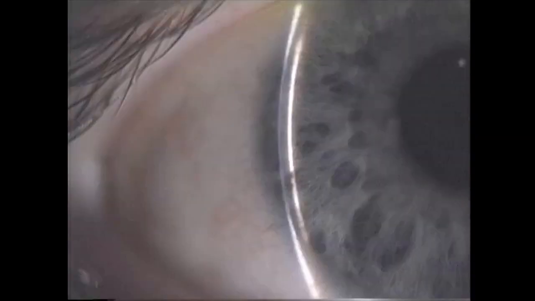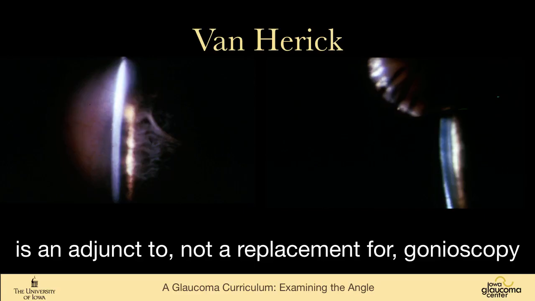So this would be a dangerously narrow angle. And then lastly, this is an eye in which the cornea and the iris are appositional. So again, Van Herick is an adjunct to and not a replacement for gonioscopy.